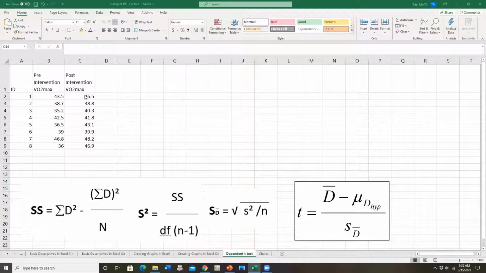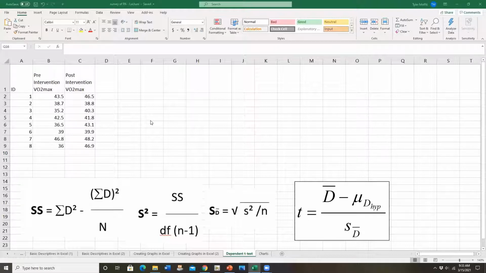Okay, so we're going to first start off by determining why we're going to use a dependent t-test. Here we see a pre and post intervention for VO2 max, or cardiorespiratory fitness, maximal oxygen consumption. An intervention, remember, is something that we put onto our participants that we hypothesize will create a change within the group.